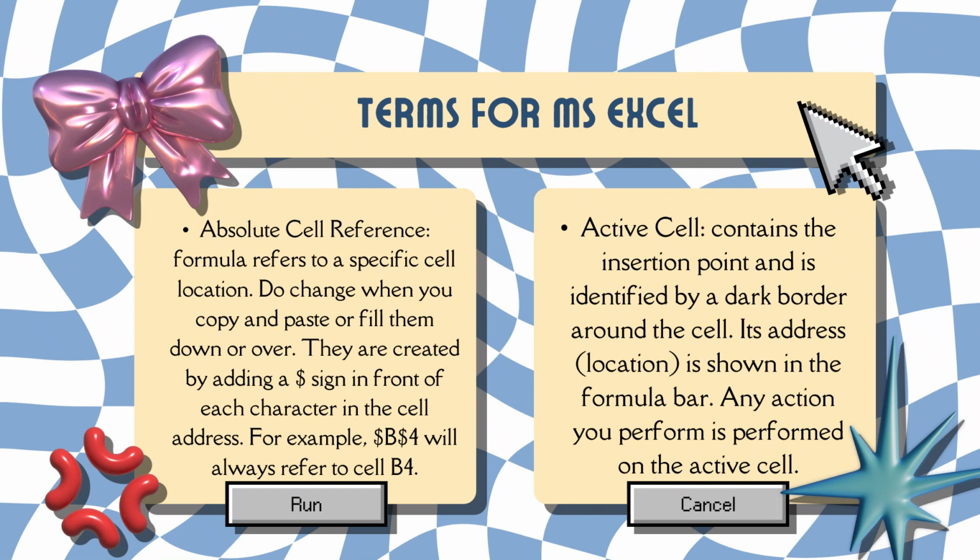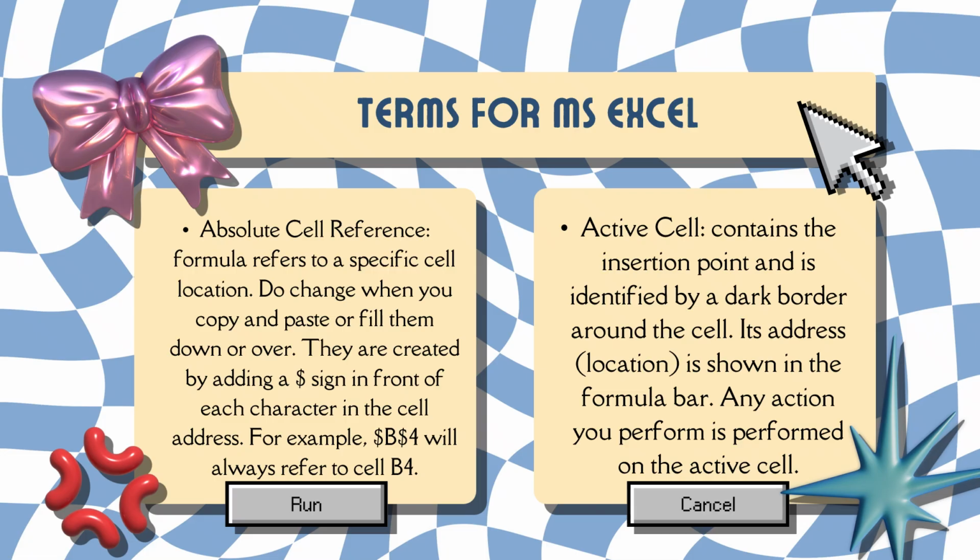Terms for MS Excel. The first one is absolute cell reference. Formulas that refer to a specific cell location do not change when copied and pasted or filled down or over. They are created by adding a dollar sign in front of each character in the cell address.